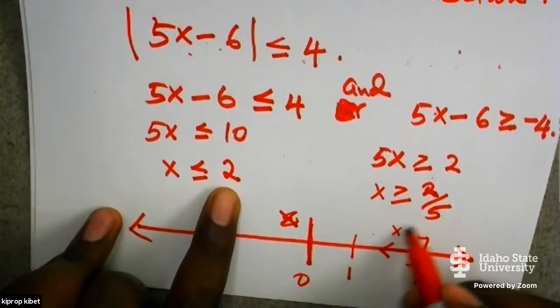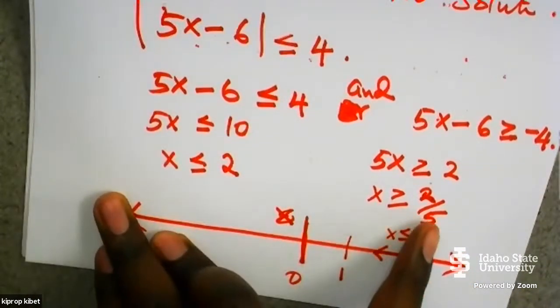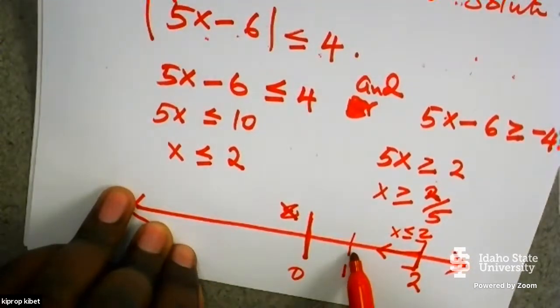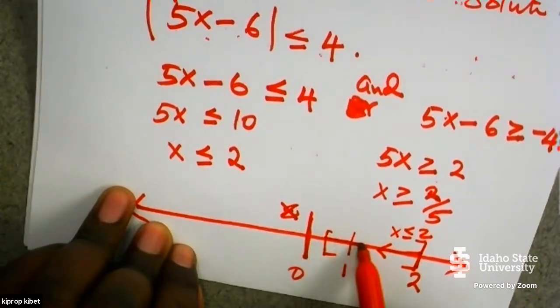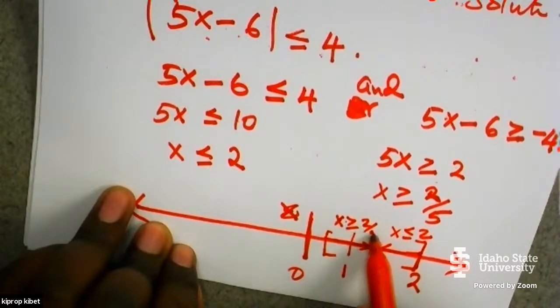So this is x less than or equal to 2. And then x is greater than or equal to 2 over 5. So let's say it's somewhere here. Those values of x are greater than or equal to 2 over 5.